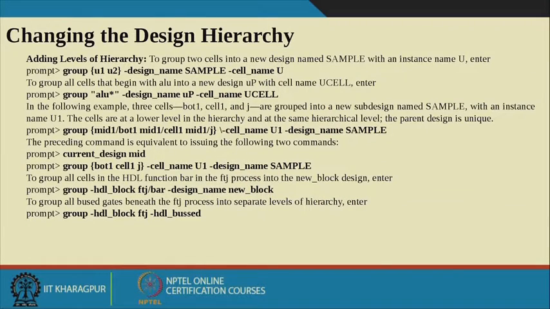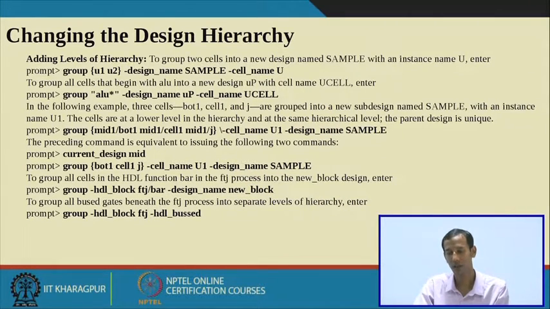To group two cells into a new design named sample with the instance name u, you just enter this command: group u1 u2 with the design name sample and the cell name u. Here u1 and u2 are the two cells, the new design name is sample, and the instance name is u.